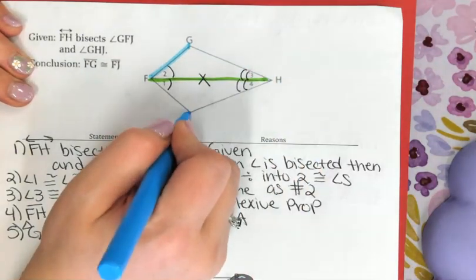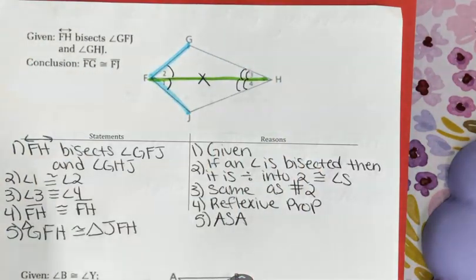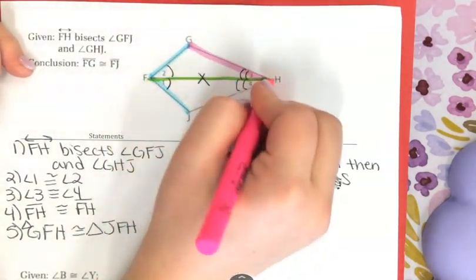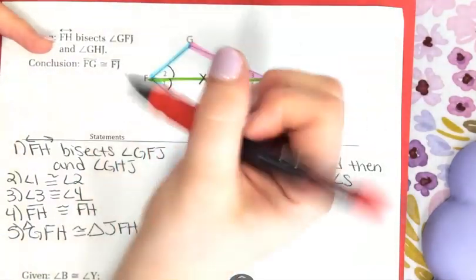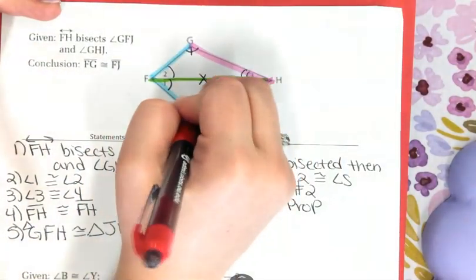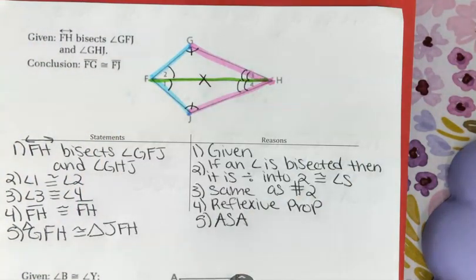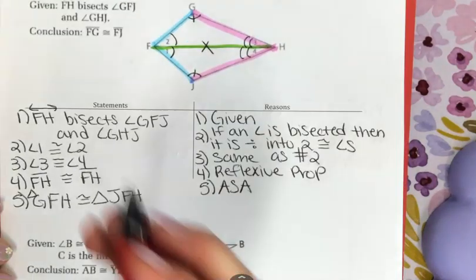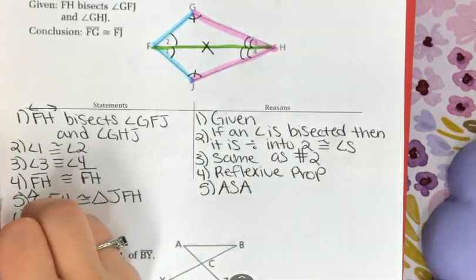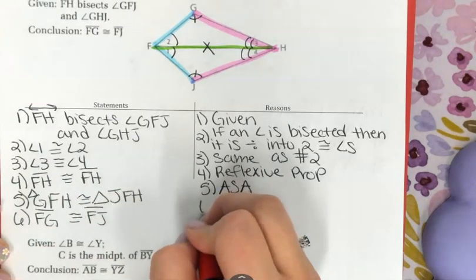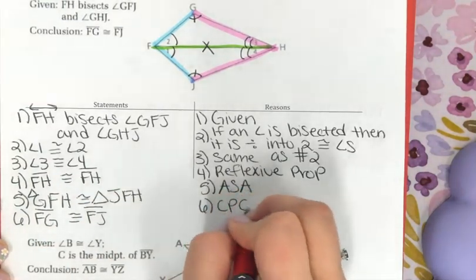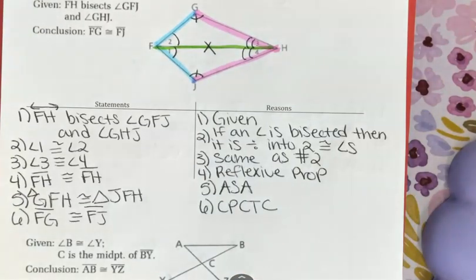GF is congruent to JF. GH is congruent to HJ. Again, they correspond. And then this third pair of angles is also going to be congruent. So my conclusion that FG is congruent to FJ is true, and my reason is that corresponding parts of congruent triangles are congruent.